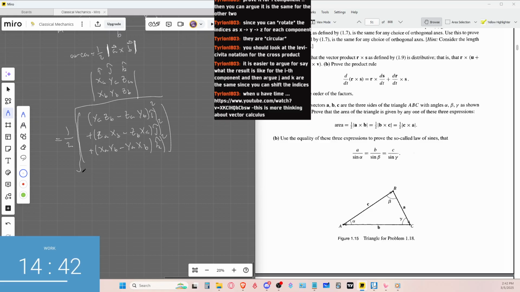And then with that, that would be the length. And then when we calculate the length of that vector, and then divide it by half.